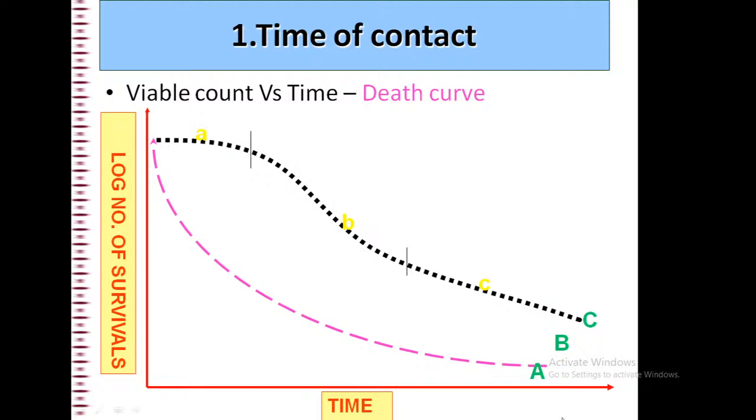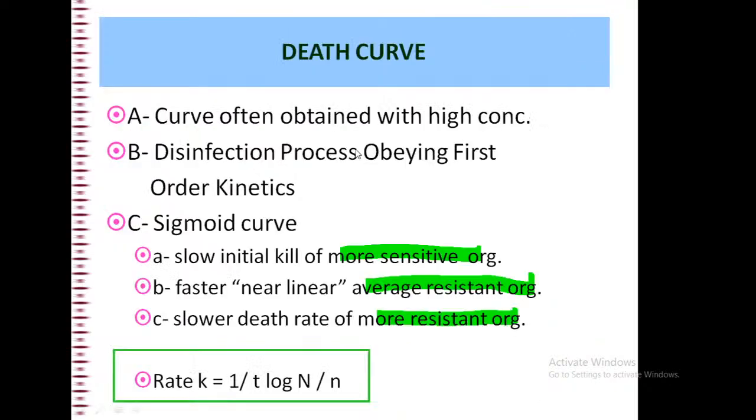So A indicates the curve obtained with high concentration. B indicates the disinfection process obeying first order kinetics. In the sigmoid curve, there are three sections. Section A is the initial, more sensitive organisms.